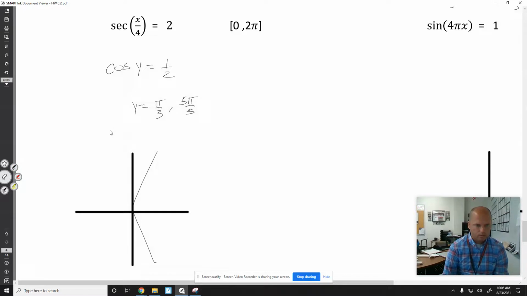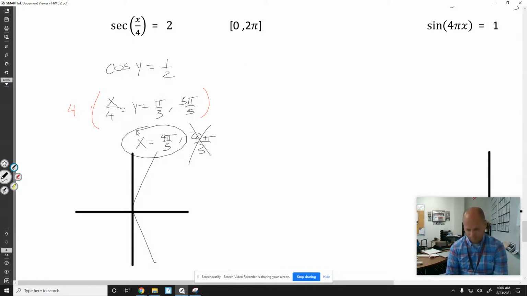X over 4 is what was replaced by y. I want to solve this for x. I'm looking for solutions between 0 and 2 pi. To solve for x, multiply by 4. When I multiply pi over 3 by 4, I get 4 pi over 3. When I multiply 5 pi over 3 by 4, I get 20 pi over 3. 20 over 3, bigger than 2. I'm not including that. I had to reduce the solution.